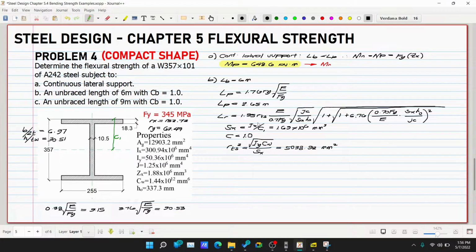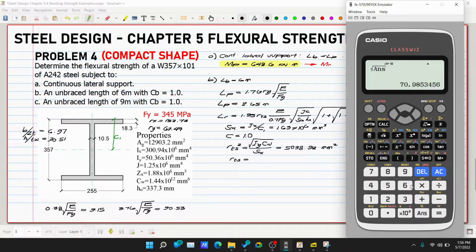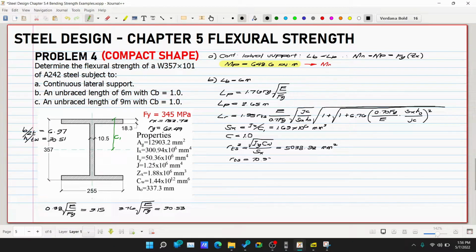Yan. So, kung gusto natin kunin yung RTS natin, square root lang natin yan. So, 70.99 millimeters. Then, okay. So, solve na rin natin itong JC over SX HO.